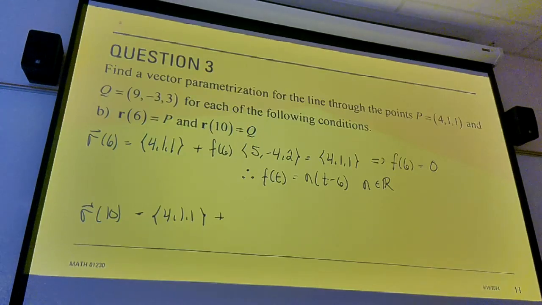I'm not there yet. I'm just plugging in 10 to our original parameterization and saying that has to equal Q. What are we going to multiply by? N times 4. And that has to equal that.